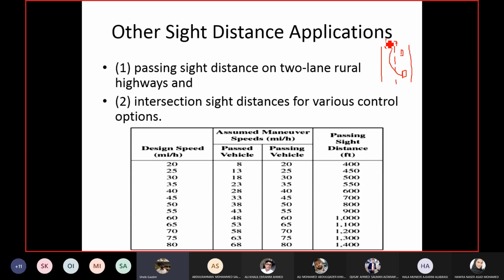Now what will happen if you have more than 2 lanes? So let's say this is a median and you have 2 lanes in your own direction. And again, you have the same case, the driver going in front of you very slow and you are coming behind him.